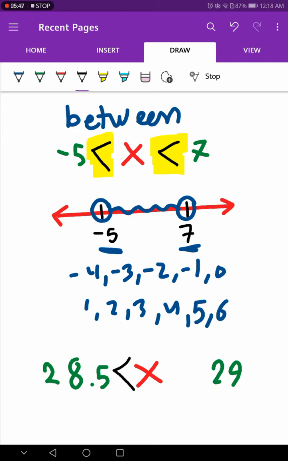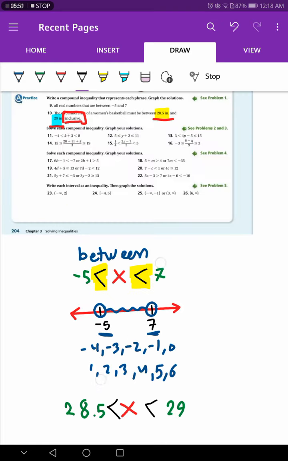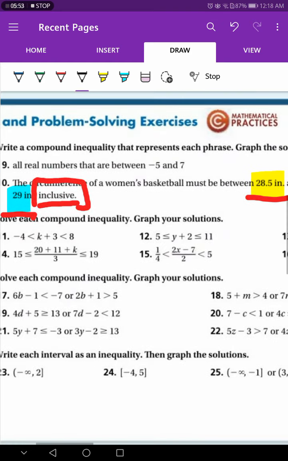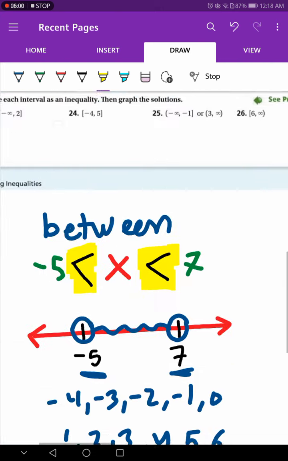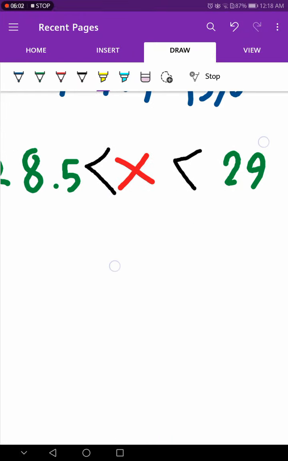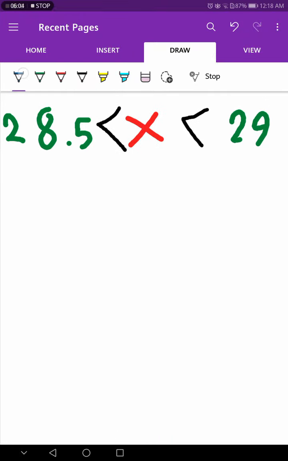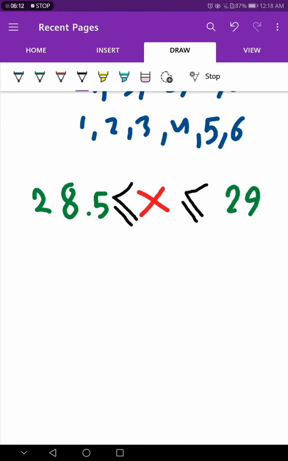This is the between, but when he said inclusive, that means you have to put the equal sign. Are you happy now? So I will draw the equal sign here and here. So here it is between and inclusive.